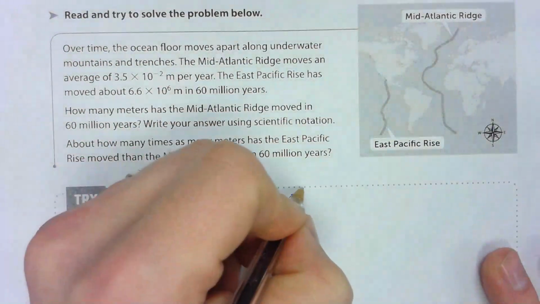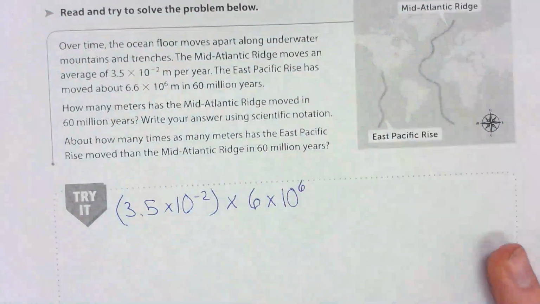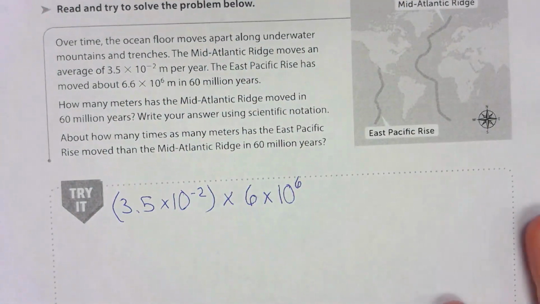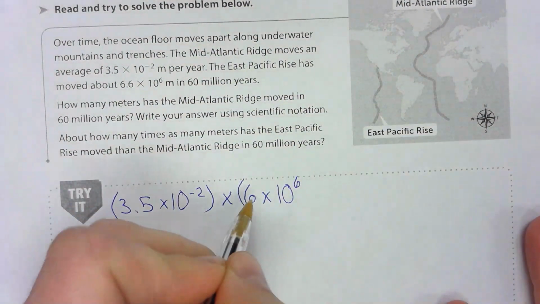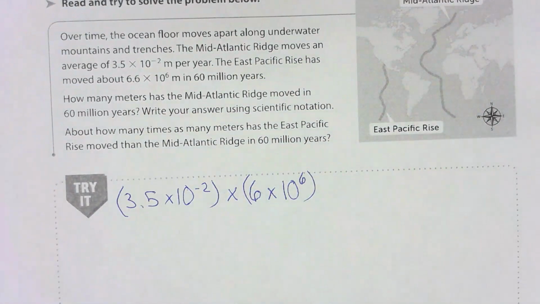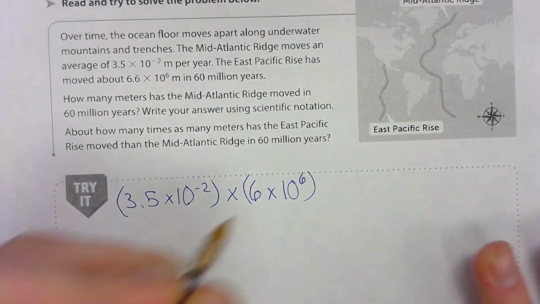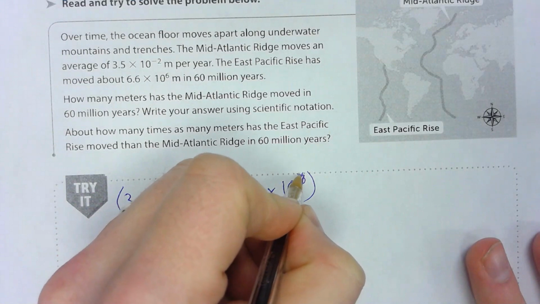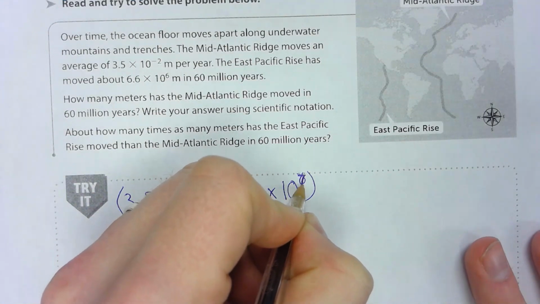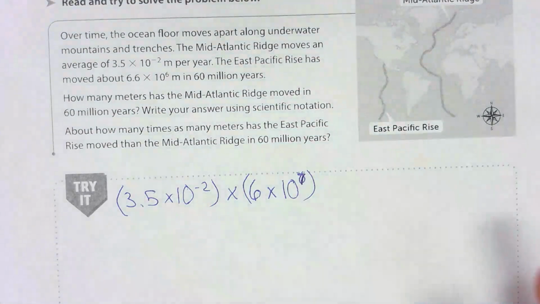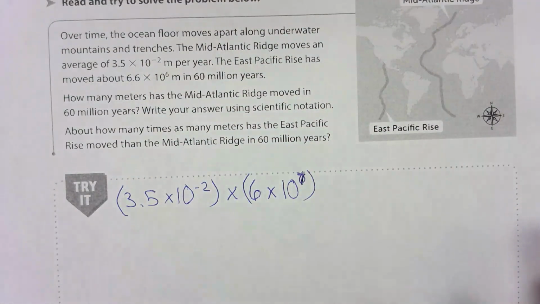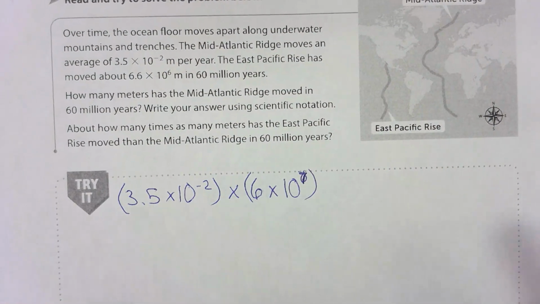Okay, we need 6 of them. But we need 60 million, not 6 million. So it's going to be a 7 right here. Okay, so we need to figure out how to multiply these together, okay?